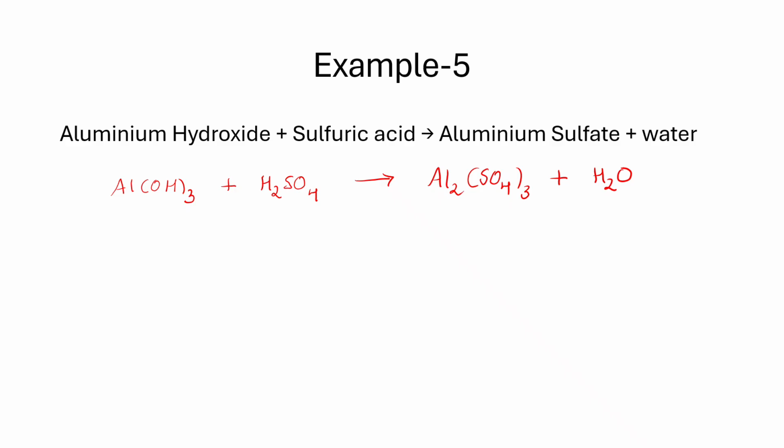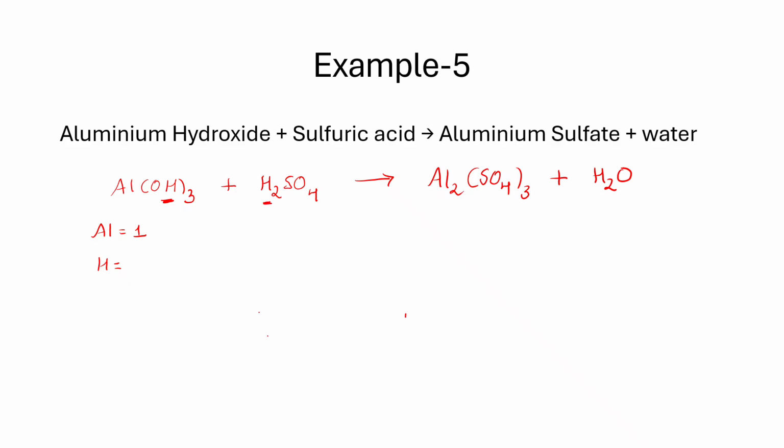Okay, so keeping that in mind, let's make a list of atoms of each element on both the sides. So on the reactant side, we have one atom of aluminum. Okay, and now for the hydrogens, we see that there are 3 hydrogens in the hydroxide part of aluminum hydroxide, and then we have 2 hydrogens here.